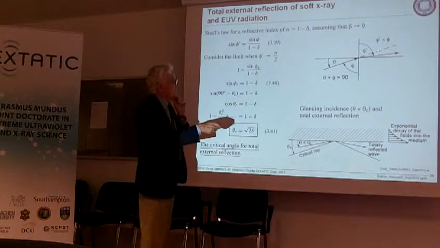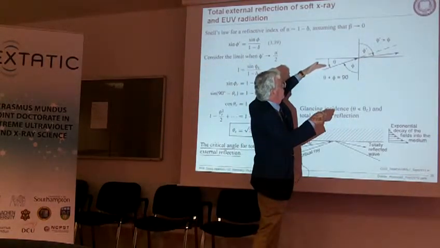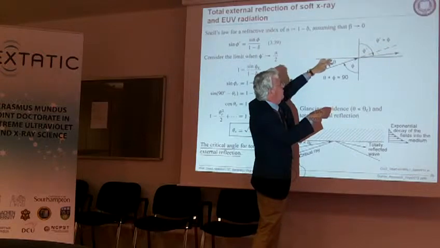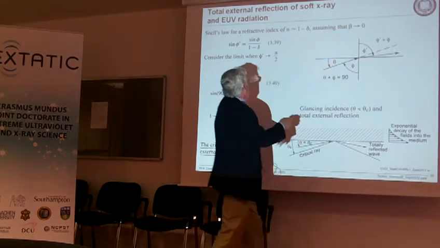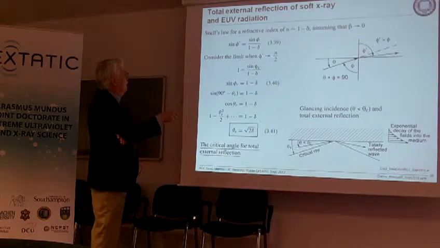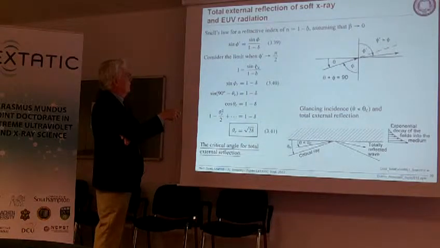But in that limit, you're making this angle closer and closer to the interface and watching this thing push down, and just where this is 90 degrees, you call this angle the critical angle for total external reflection. So that's what's happening here. When phi prime is equal to pi over 2, this is 1. This we call the critical angle, 1 minus delta, and then we want to just solve for this critical angle.